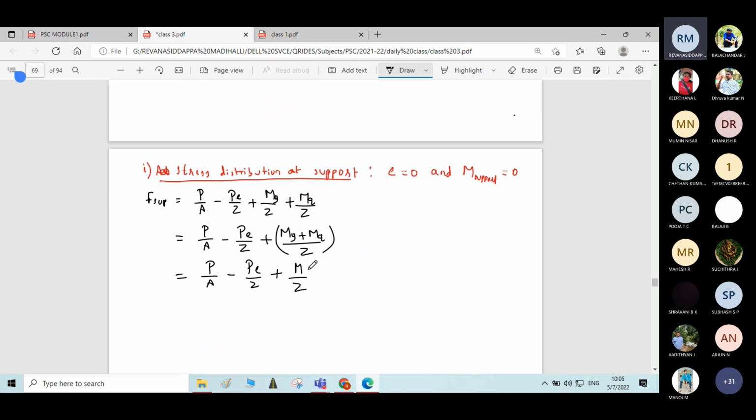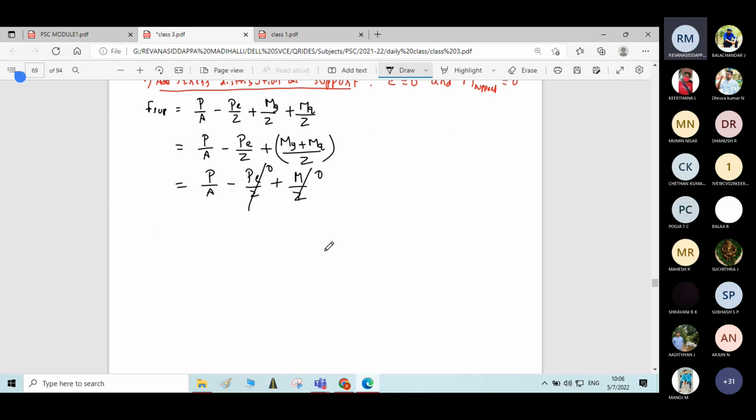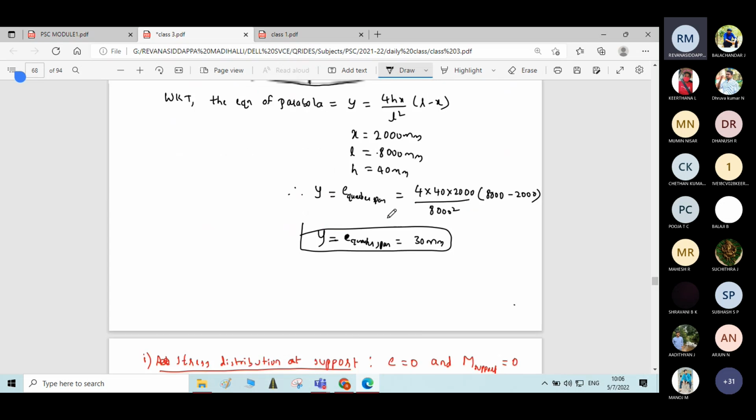Now moment at support is 0, correct? M is 0, so this term becomes 0. Eccentricity is also equal to 0, so this term also becomes 0. Therefore, F superior is equal to directly P by A, where P is the prestressing force.